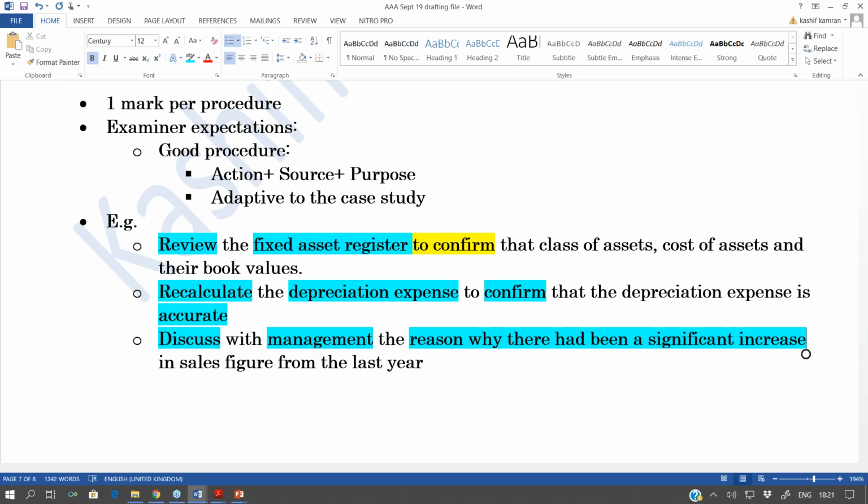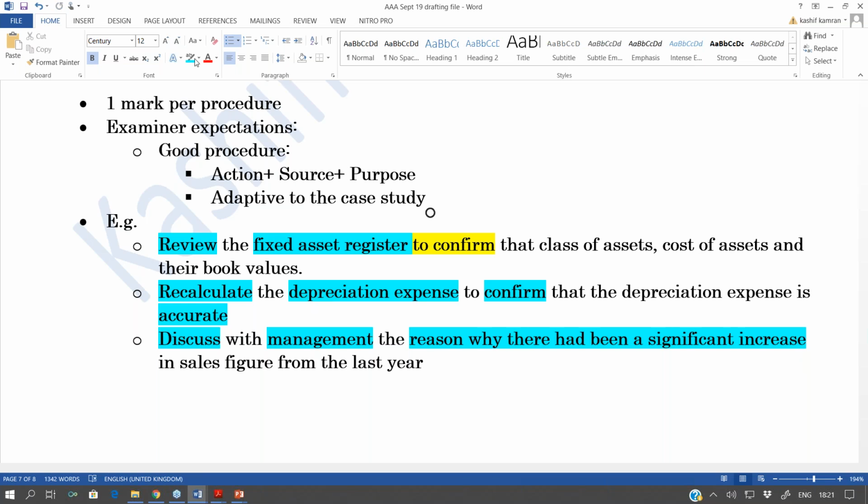You cannot start a procedure with the source. A procedure has to start with an action because you're writing a procedure. Procedure means to do something. So you have to start writing a procedure with do something, and the do something has to come from the action. Then it has to be adaptive. You need to see the case study. What is exactly happening in the case study?